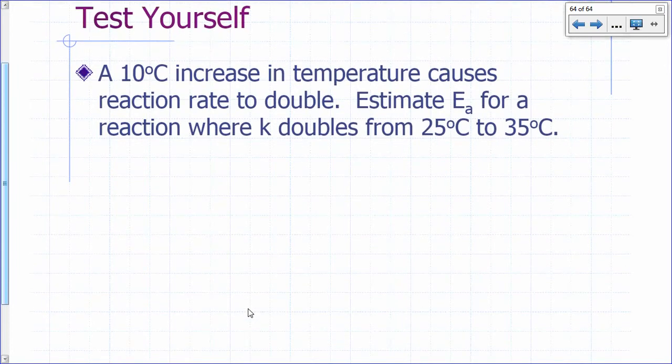If that is the case, what would be the typical energy of activation for a reaction? What was the equation that relates energy of activation to the rate constants? The Arrhenius equation: the rate constant is equal to some constant A times e to the negative E sub A over RT.